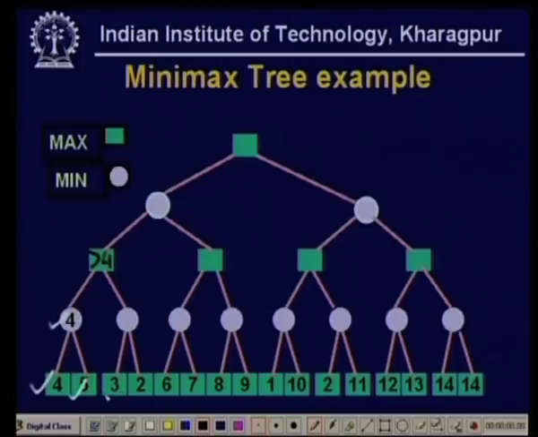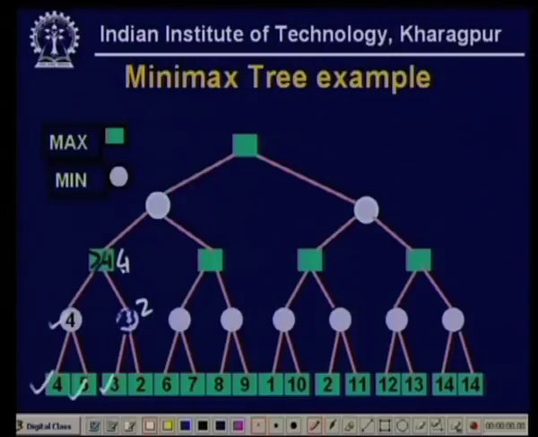When this value is evaluated, the value of this min node will be less than or equal to 3. When this node is evaluated, this value will become equal to 2. The final value will be equal to 2, and if the final value is equal to 2, the final value here will be equal to 4.